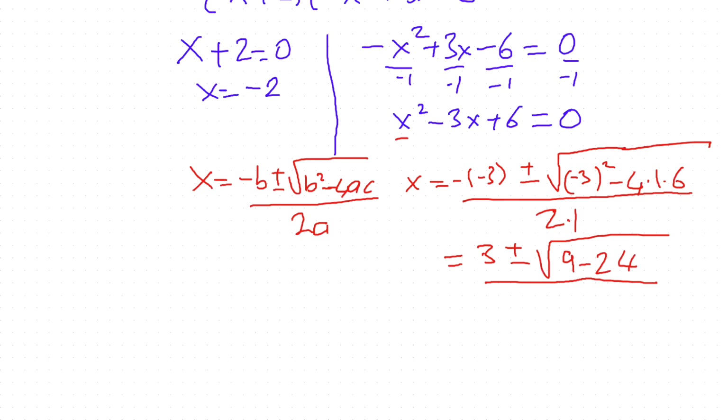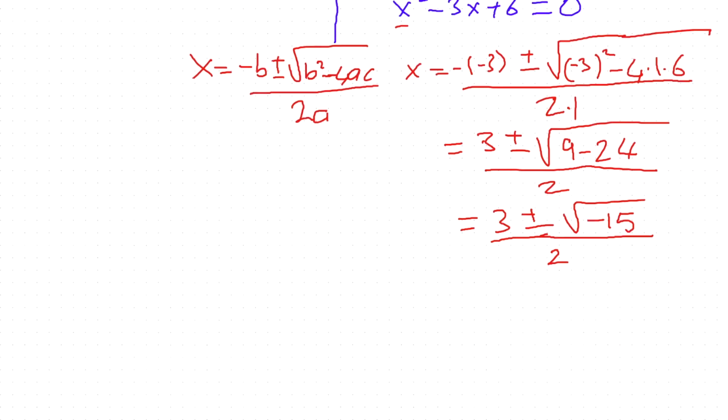So this gives us 3 plus or minus the square root of negative 15 over 2. So how do we write the values of x for this? x is equal to 3 plus or minus. If there is a negative inside the square root, we take it out as i, right? This becomes a complex number. There is no real solution for this, over 2.